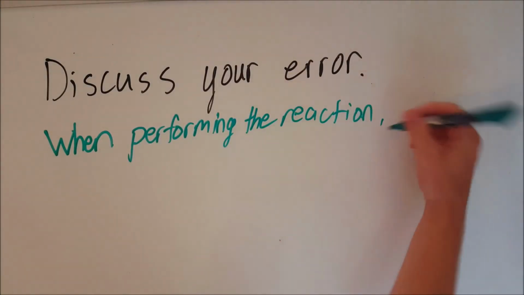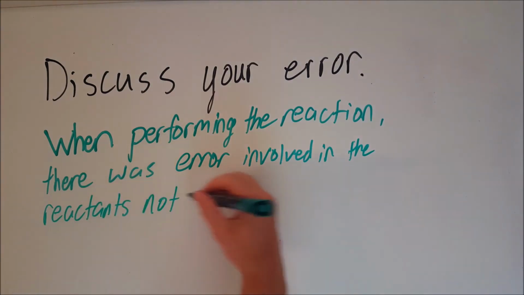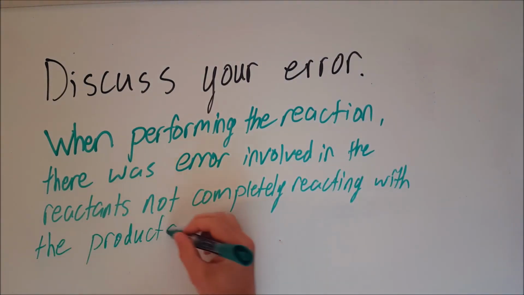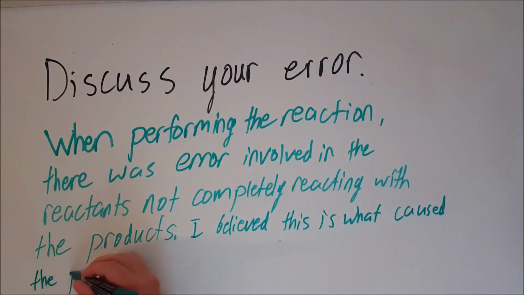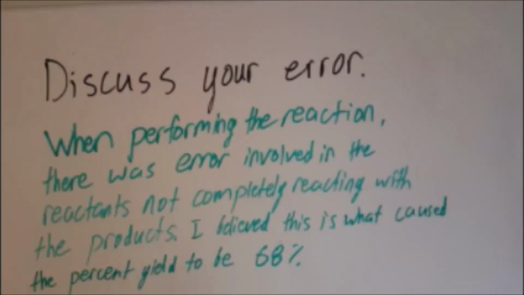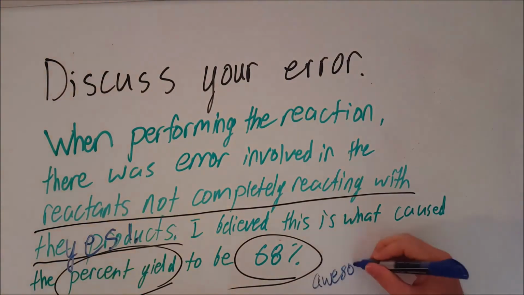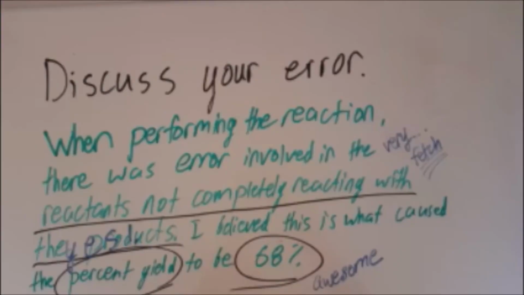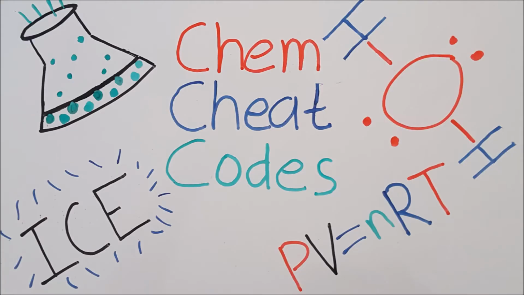You could say that there was error within your experiment because the reactants in your reactions were not completely reacting with the products, which caused your percent yield to be 68%. Also say why you think this is true. Give evidence for the error. Don't just say whatever comes to mind. It is also impressive to include a way to mitigate the error.